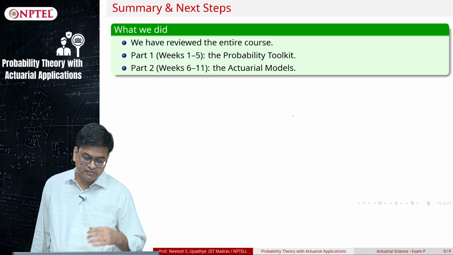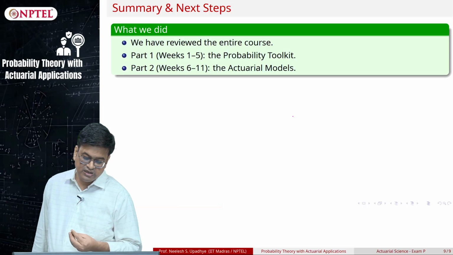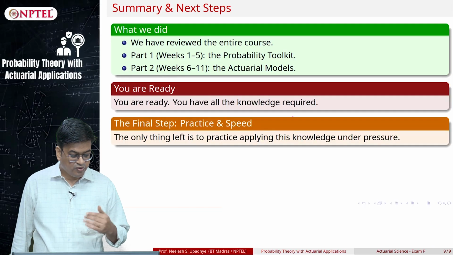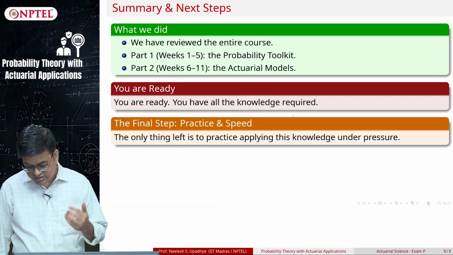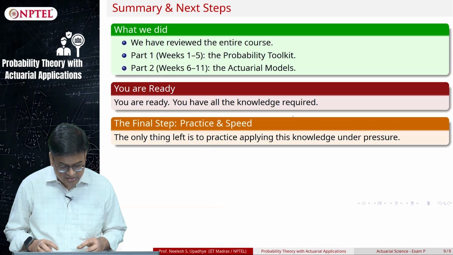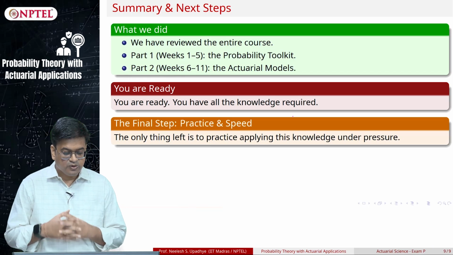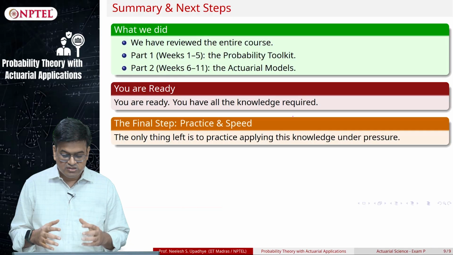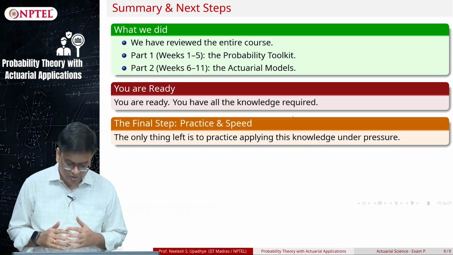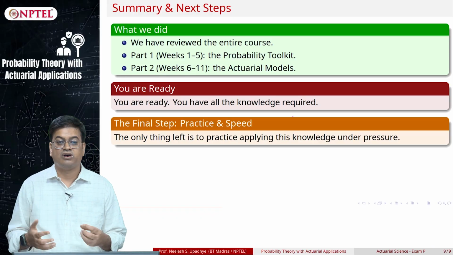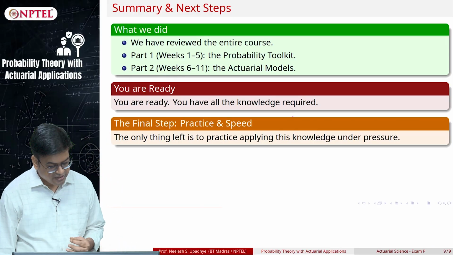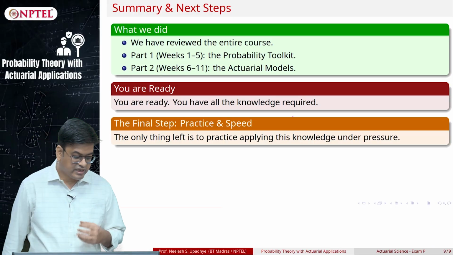In today's class we have done weeks 6 to 11 where we have solved the boss problem virtually, and now you are ready to acquire the knowledge of these models, assemble the pieces together, and comprehend properly, because now you have all the knowledge required and you need to practice solving the problems, right, and you have to solve these problems in a minimal amount of time. That is where our final step comes. You have to practice and speed up.